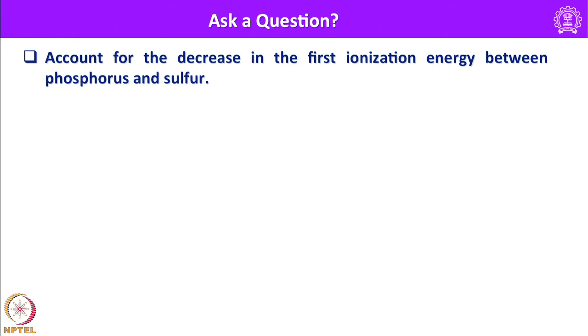Let us look into some questions here. Account for the decrease in the first ionization energy between phosphorus and sulfur. Let us look into it. First, we should write the electronic configuration for both phosphorus as well as sulfur.